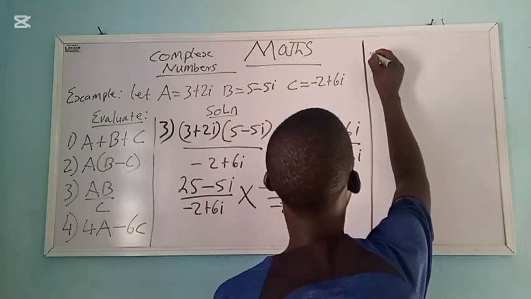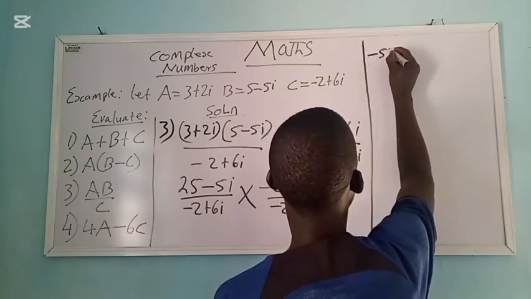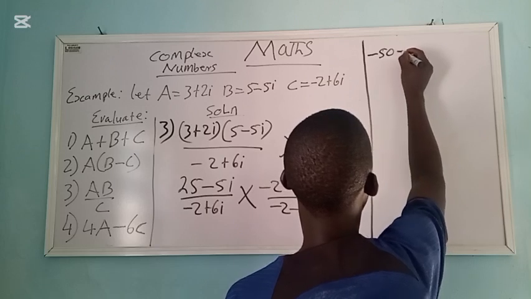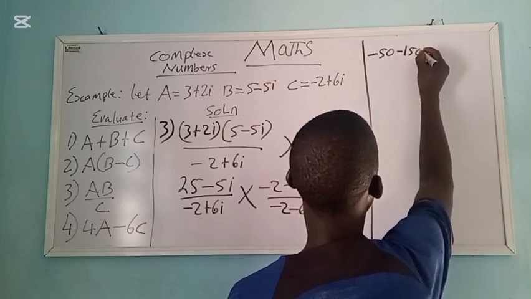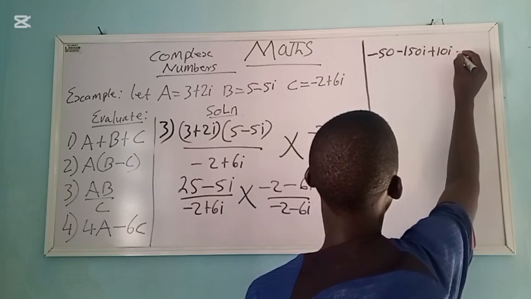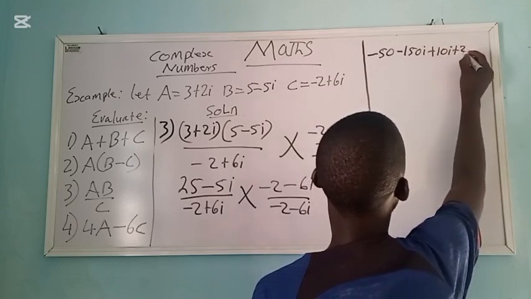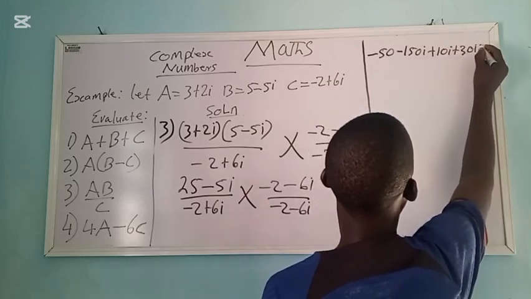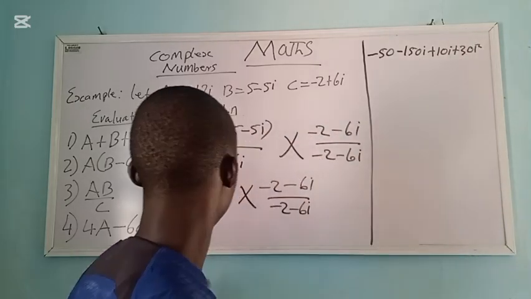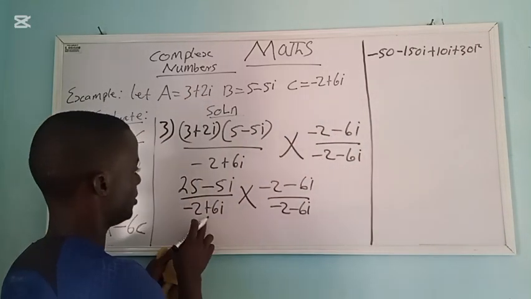It will now be minus 50 minus 150i plus 10i plus 30i squared. This square is for the i. So now let me come down here.